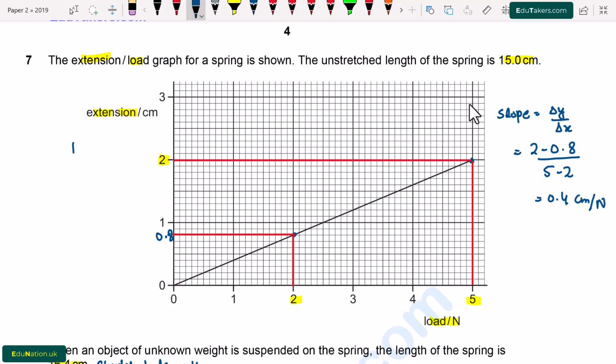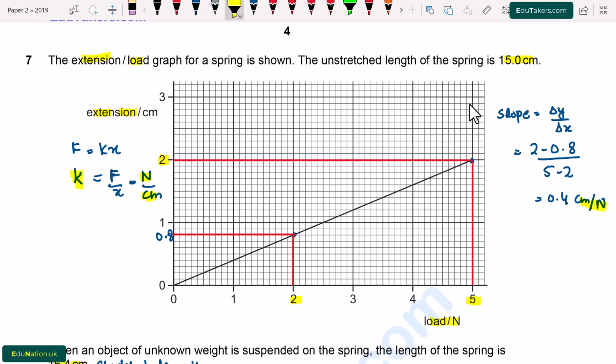According to Hooke's law, F is equal to Kx, where F is force or load and x is extension. K is spring constant and it is equal to F over x. We see its unit. Here is Newton and centimeter. Now we compare this equation, the unit of K, with the slope.